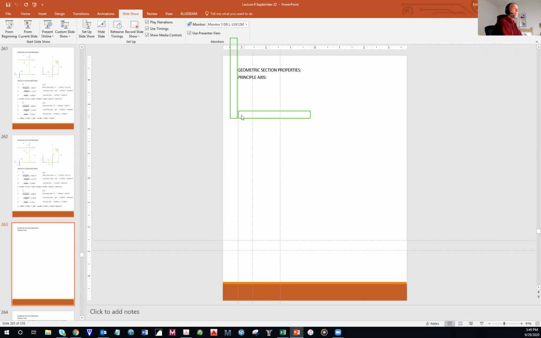But when you have a hot rolled piece of steel in the shape of an L like this, it is highly unsymmetric, very highly unsymmetric.